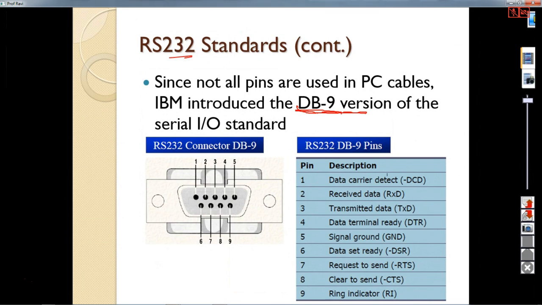The first is data carrier detect, receive data is the second pin, the third one is transmit data, then data terminal ready, signal ground, data set ready, request to send, clear to send, and ring indicator. These are the 9 pins we are using currently. You may see this in the connection of your microcontroller board to the computer through this particular port.